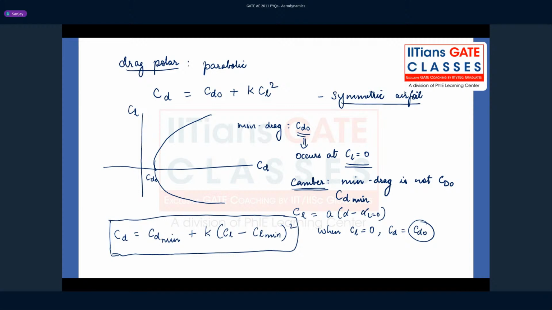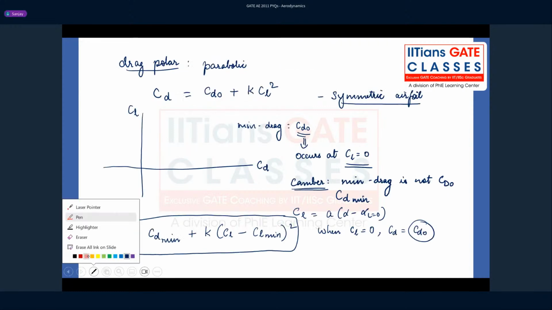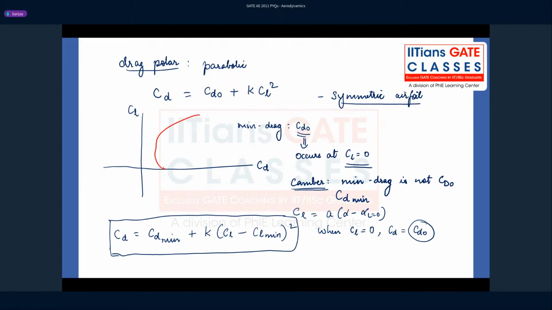Now, if you try to plot this on a drag polar graph, it looks something like this. You can see that this is your CD naught and this is your CD minimum.